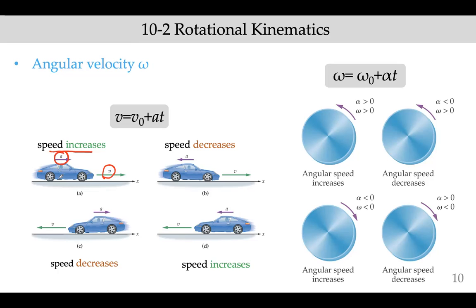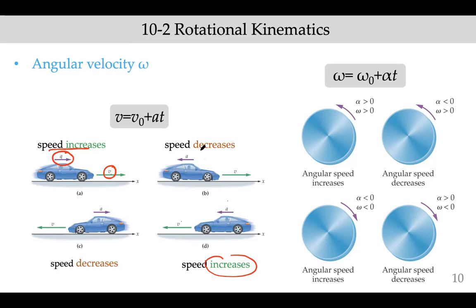Or we can go this way: if the velocity is given to the right, and if someone tells you the speed is increasing, then you could infer that the acceleration is also in the same direction. Now, look, when speed increases, acceleration and velocity are to the right. And also here, speed increases, acceleration and velocity both to the left.